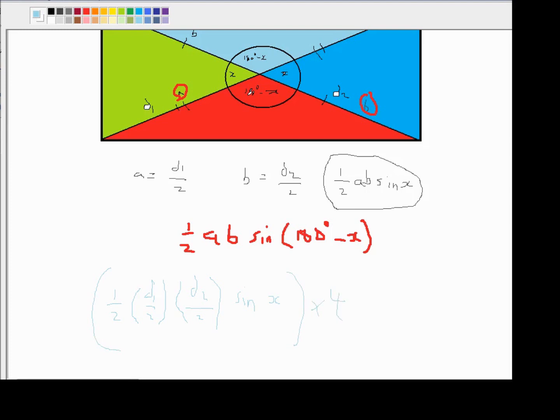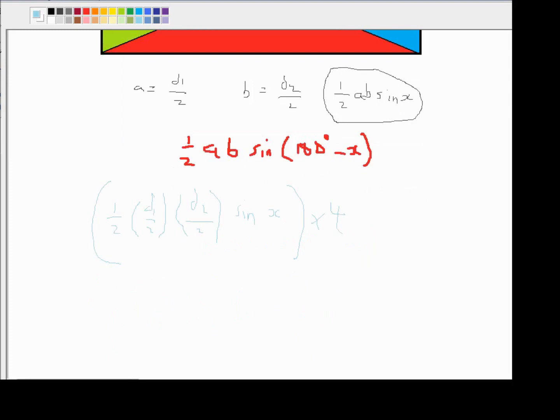Well, if we're multiplying by 4 and dividing by 2 three times over, then the 4 can cancel with the over 2 on the d1, leaving a 2, and then that 2 will cancel with the over 2 on the d2, leaving us with just a half d1 d2 sine x.